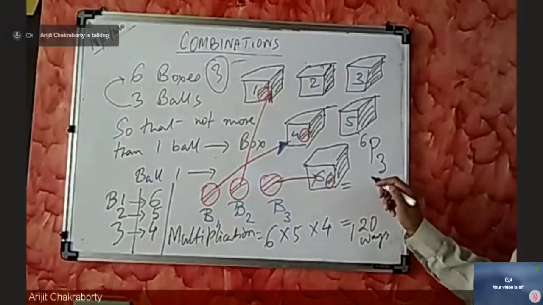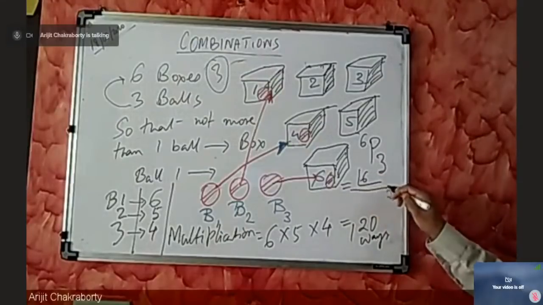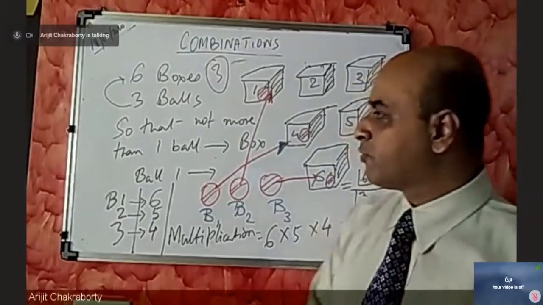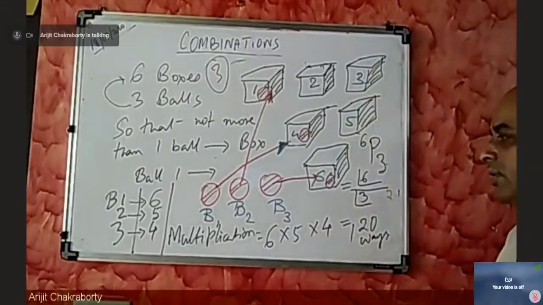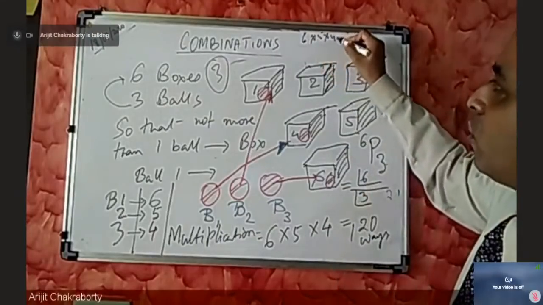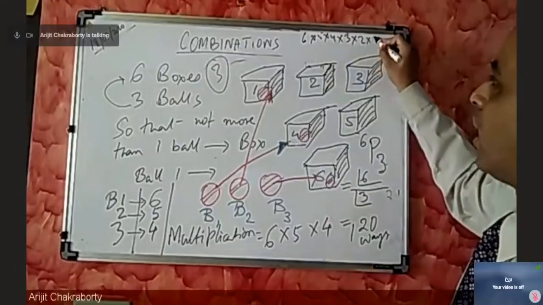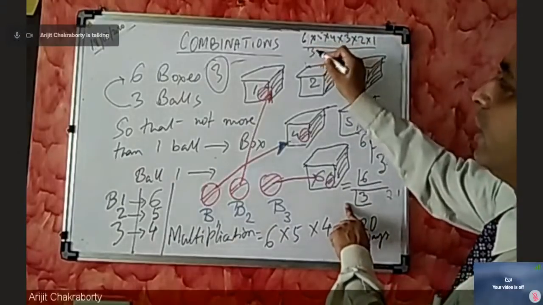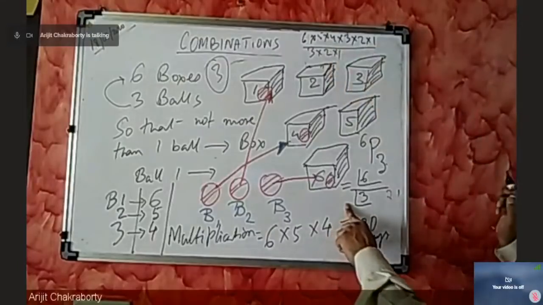So 6P3 is 6 factorial divided by (6 minus 3), that is 3 factorial. If you simplify 6P3, 6 factorial is 6 into 5 into 4 into 3 into 2 into 1, and in the denominator we have 3 factorial, that is 3 into 2 into 1.